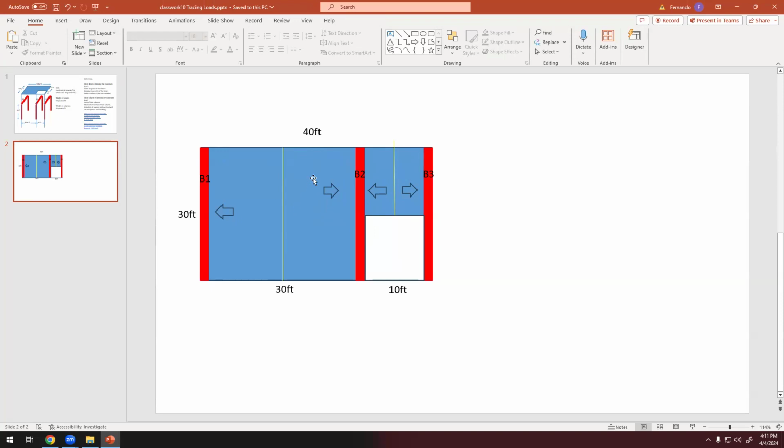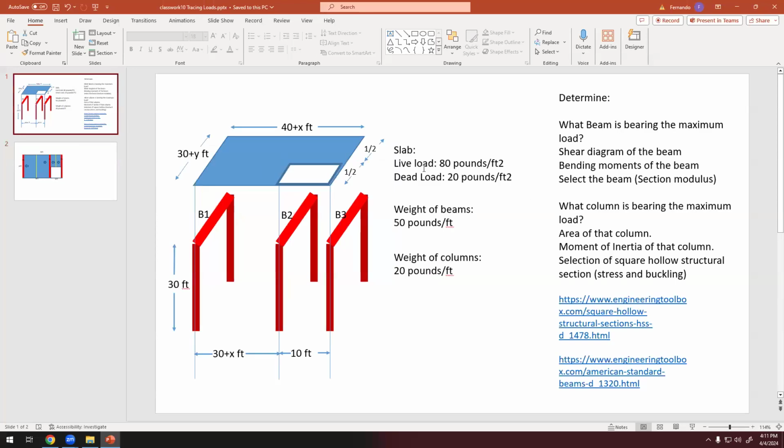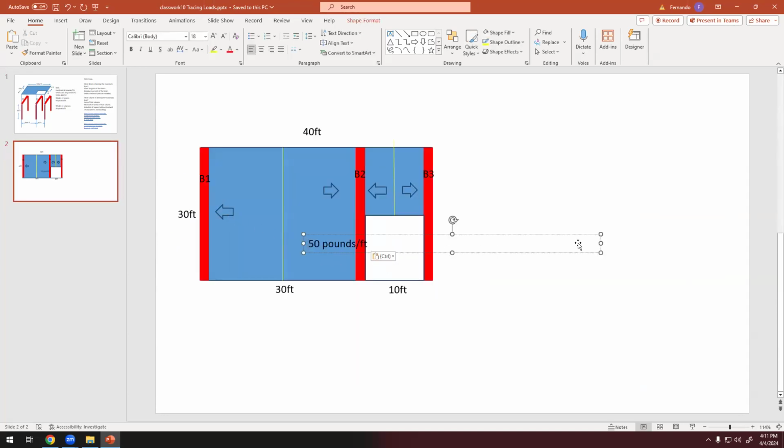And now we need to calculate the load on that beam. And here we have a live load and dead load, 80 plus 20. So the total load is 100 pounds per square foot. And then we have the weight of the beams. It's 50 pounds per foot. Okay, so let's put everything here.